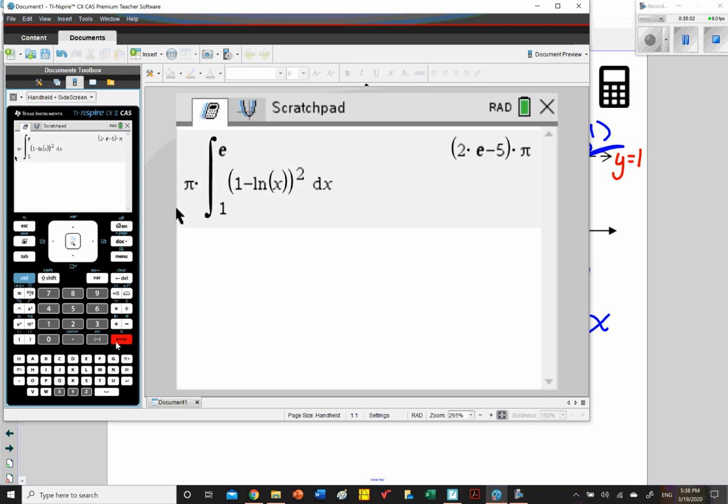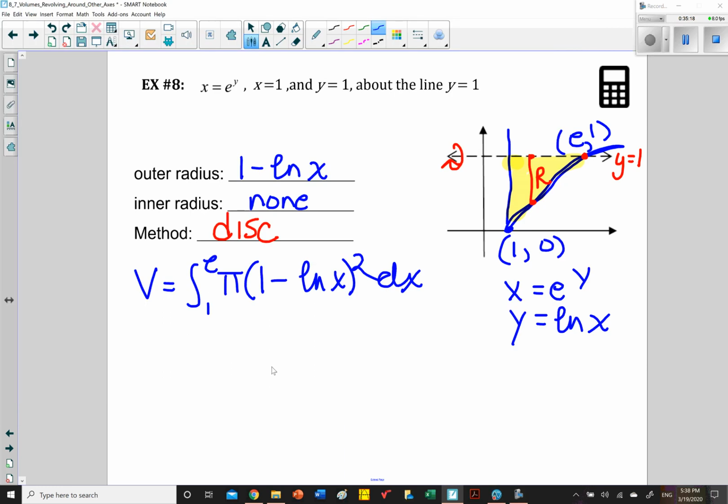And there's one answer, but we can do Control, Enter, and get a decimal answer. So it's either 2e minus 5 pi or 1.372. So the volume is 2e minus 5 times pi or 1.3715, either one of those.